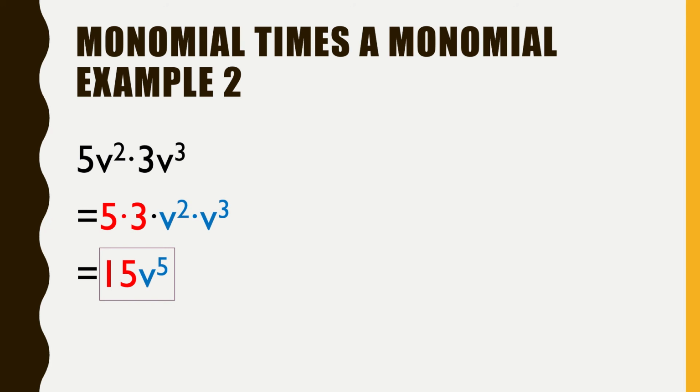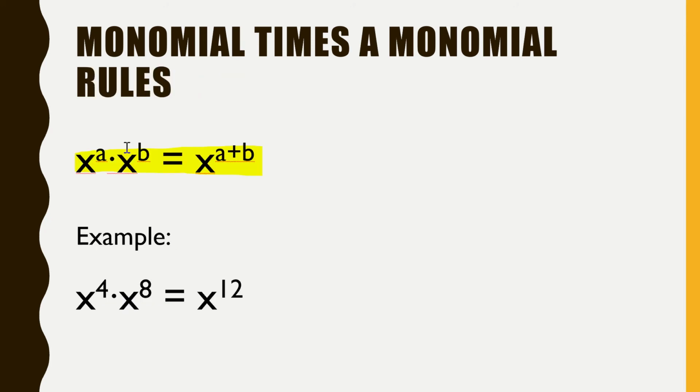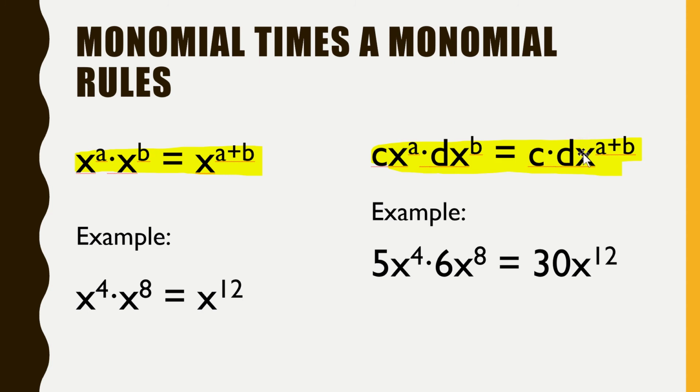Okay, everyone, in general, I wanted to give you a rule. If you have x to the a times x to the b, what that basically means is that you add the exponents, a plus b. Here in this case, you have x to the 4th times x to the 8th. That's going to give you x to the 12th power. And if you have a coefficient, like I have in this example, c and d, what you basically do is bring the coefficients together, c times d, multiply them, and then bring the variables together and add the exponents.